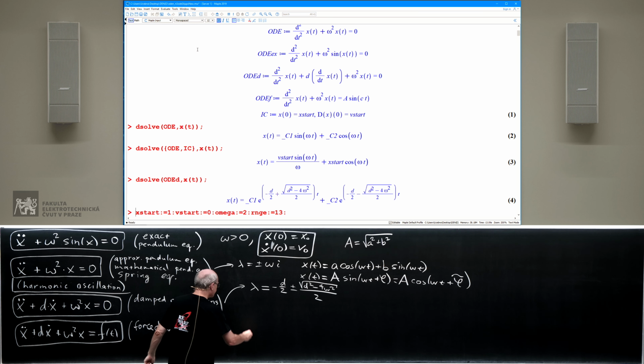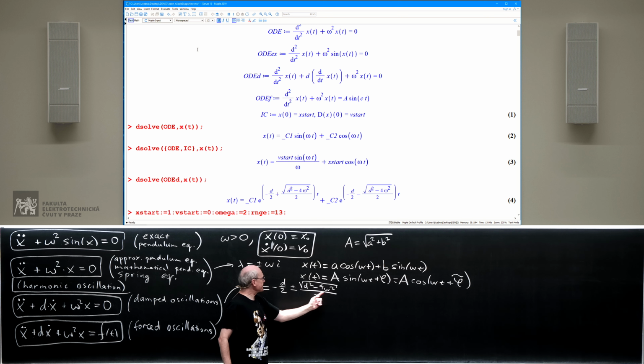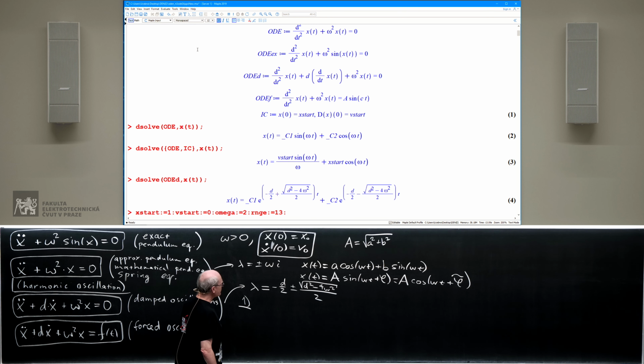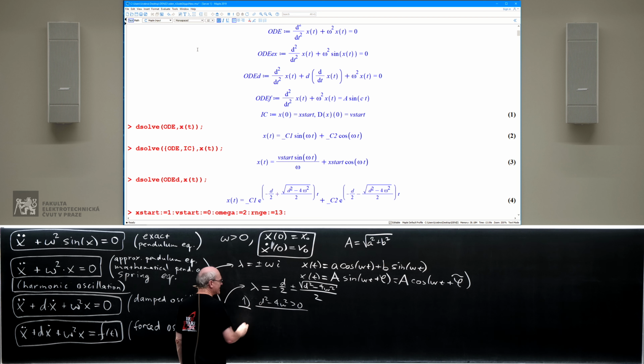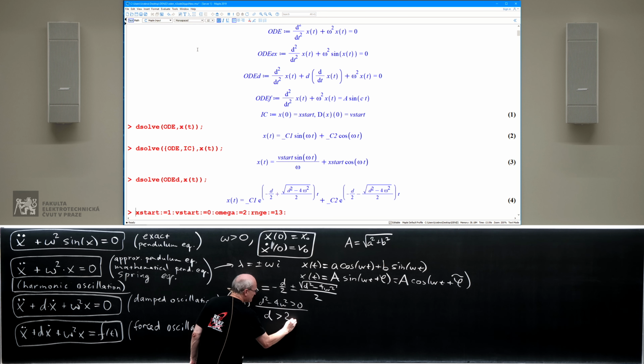One case is when this expression under the square root is actually positive. So what does it mean? Well, positive expression, d squared minus 4 omega squared greater than 0, this happens exactly if d is larger than 2 omega.